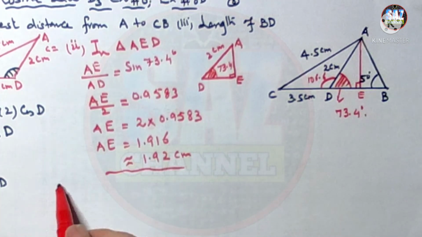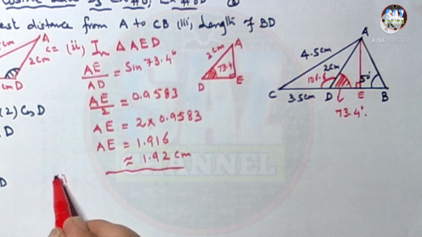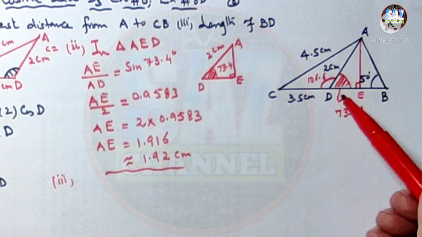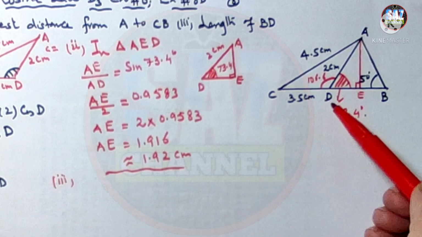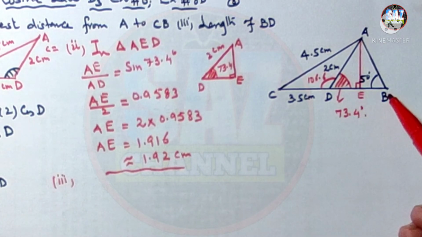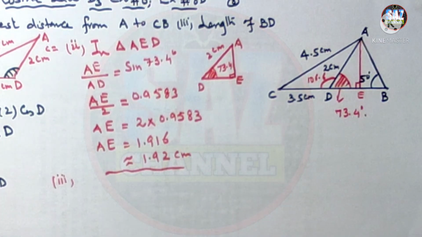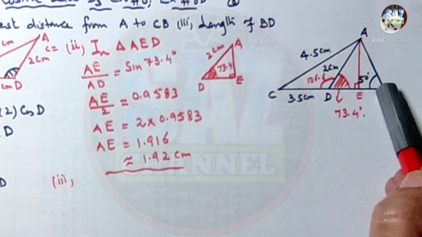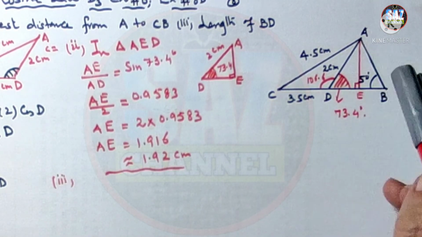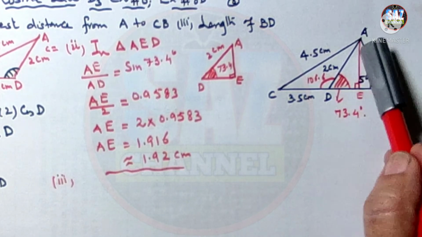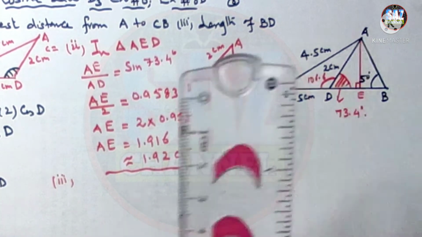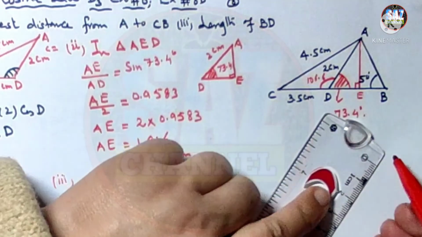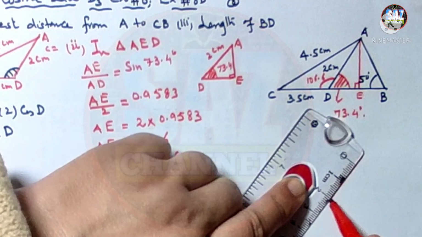Moving to the third requirement of the question, which is the BD length, B to D length only. Now if we look at the diagram, in this triangle we have 2 angles, but we do not have the third angle. Let me draw the figure here so that my students can understand the working more clearly.